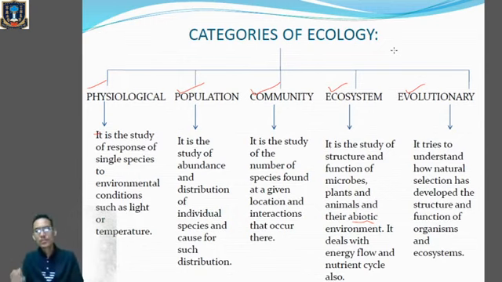Ecosystem ecology deals with the interaction and interrelationship between the biotic component and the abiotic environment, the flow of energy and the nutrient cycle in an ecosystem. And evolutionary ecology helps in understanding the role of natural selection in the formation or evolution of new species, how structures are developed, and how those organisms function in an ecosystem. These are the five major categories of ecology.